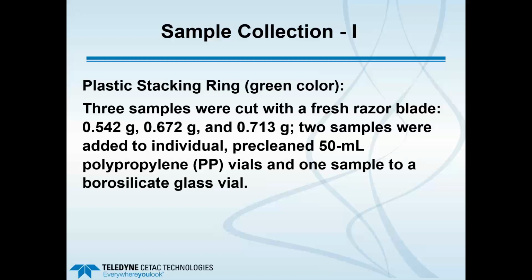We did mercury separately so we could keep mercury stabilized in glass. So we will have a separate sample and a separate calibration for mercury. Boron and the other 15 elements were done in the polypropylene vials, but especially to keep lower levels of mercury stable, we did that in borosilicate glass.